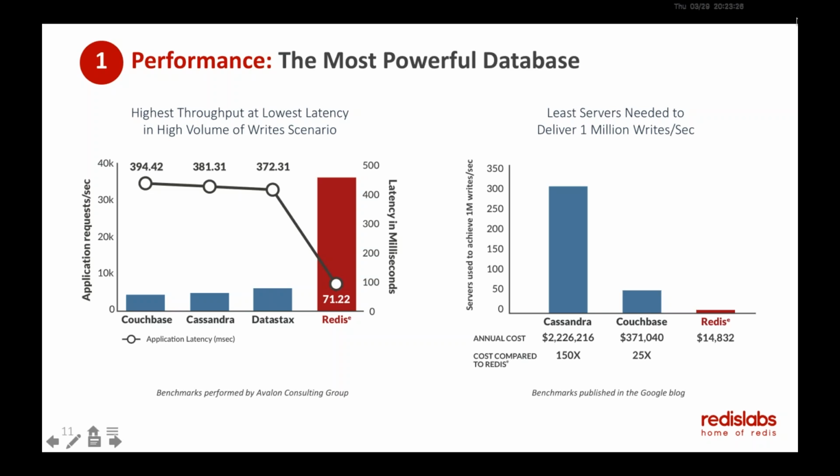So if you see Cassandra, the cost to get to 1 million writes per second is about, the numbers are there, so I don't want to call them out. But if you look at Redis, it is a very small footprint and a very small total cost of ownership, but it still achieves 1 million writes a second.